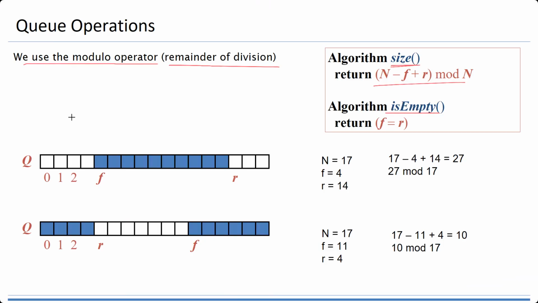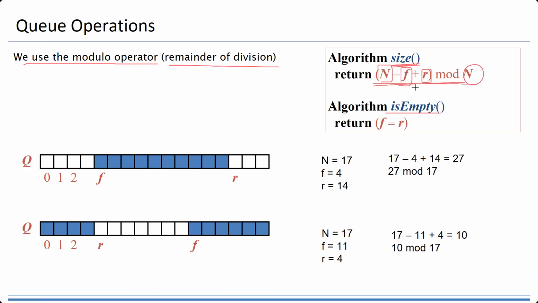I'm going to check now how many people or how many items are in the queue. We can use this formula: N, the array size, minus F plus R, mod N.